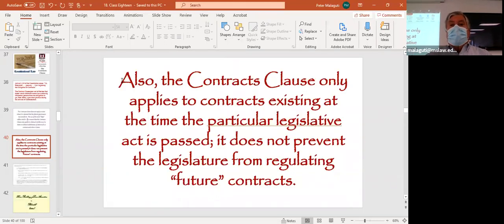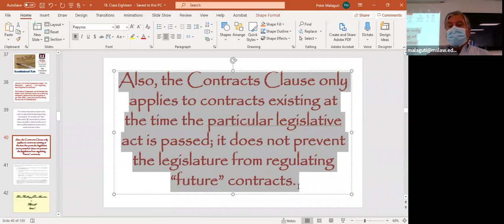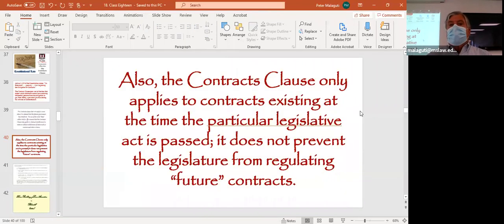Here's the big thing that they test you on a lot, is that the contracts clause only applies to existing contracts, not future contracts. So if there's an existing contract and the legislature passes a law that relieves one of the parties of its obligation under the contract, then that would be a violation of the contracts clause.